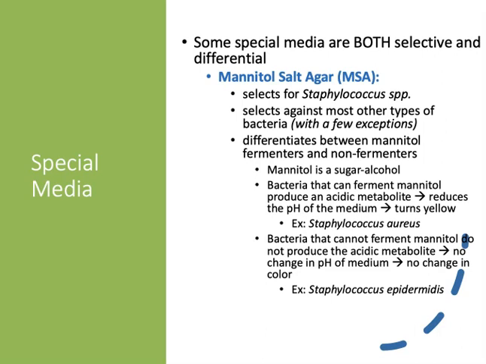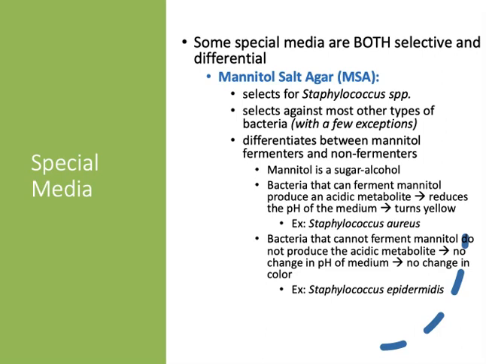The type of indicator dye that's found in MSA is called phenol red. It starts off as a reddish pink color in the agar, and if the bacteria that grows performs this metabolic pathway and produces this acidic metabolite, the phenol red will turn yellow.